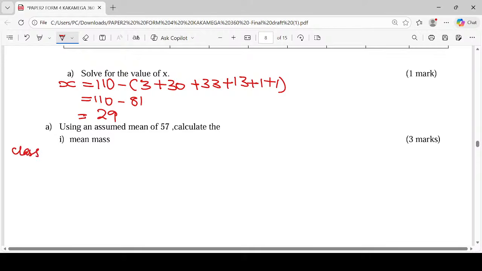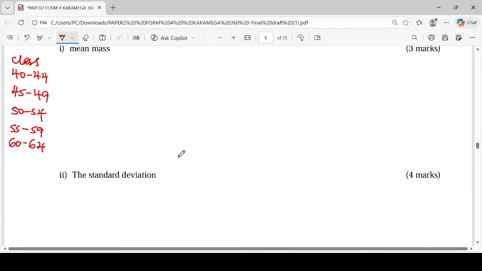My classes are 40 to 44, 45 to 49, 50 to 54, 55 to 59, 60 to 64, 65 to 69, then finally 70 to 74.